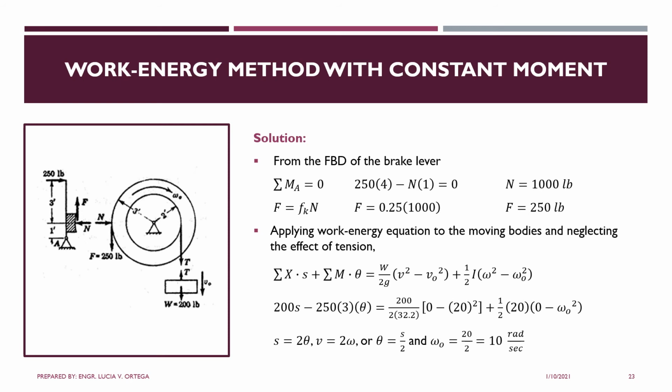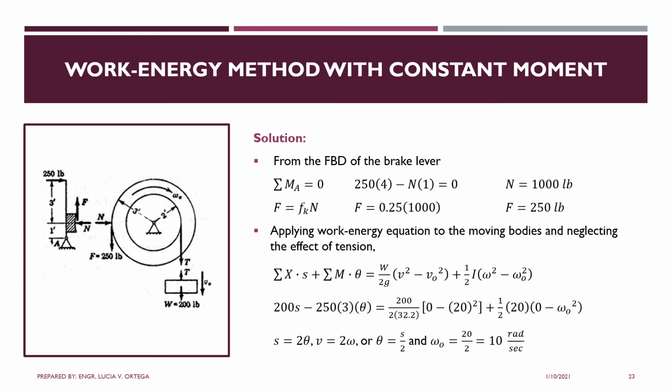Okay, so let us substitute the given. The net force acting on this is the weight. It causes the rotation. 200 times S, the distance traveled, minus the moment caused by the frictional force about the center, 250 times 3, times theta. We don't know yet what theta is.